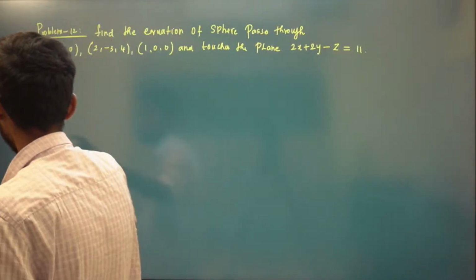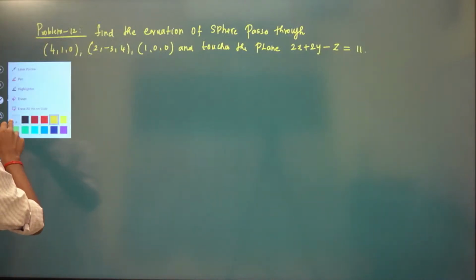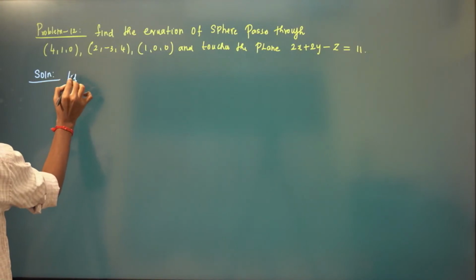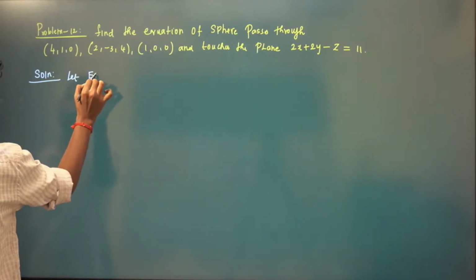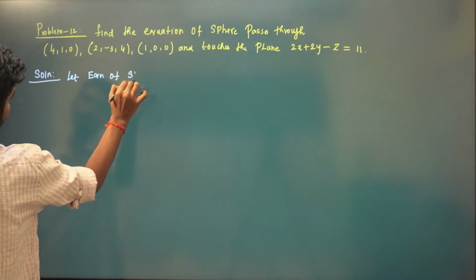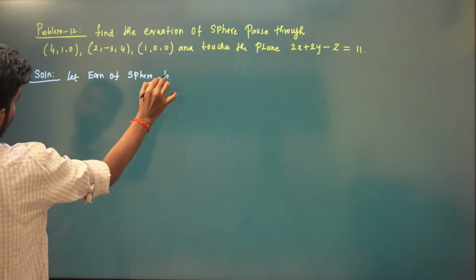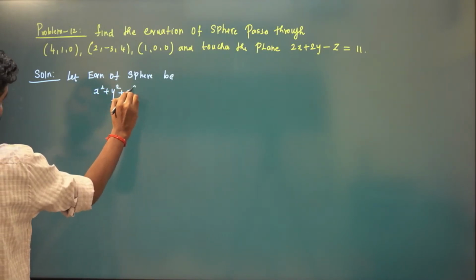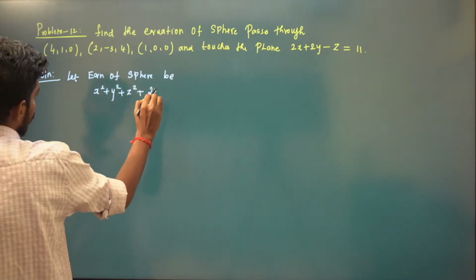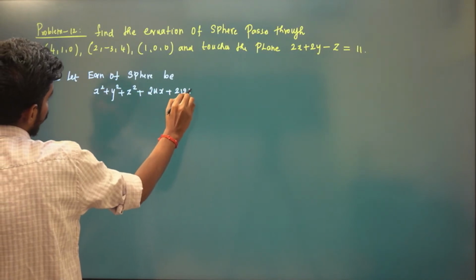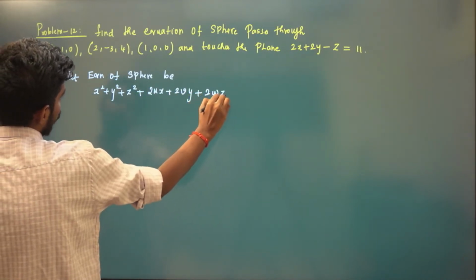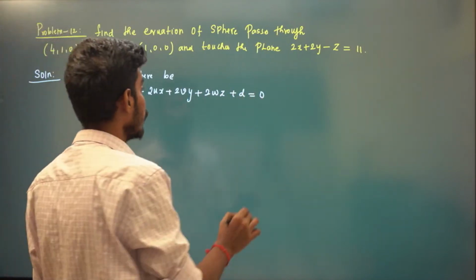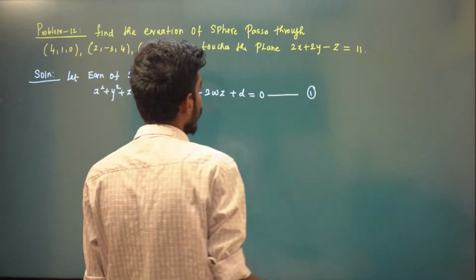So let us assume the equation of sphere to be x square plus y square plus z square plus 2ux plus 2vy plus 2wz plus d equal to 0. So we need to find the values of u, v, w and d.